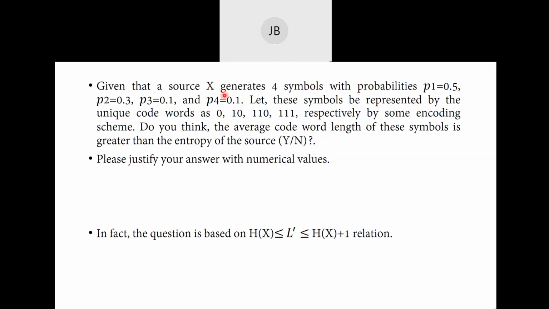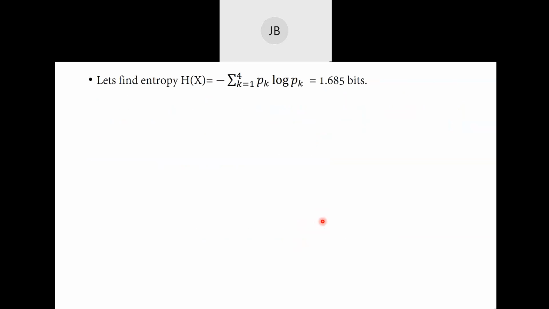Some inputs are given here, the probabilities and the code word lengths. Using that, how do you establish this relation? That is the question actually, so we will try to solve that here. The entropy we can find using the equation, the probability times the log of the probability with a negative sign.